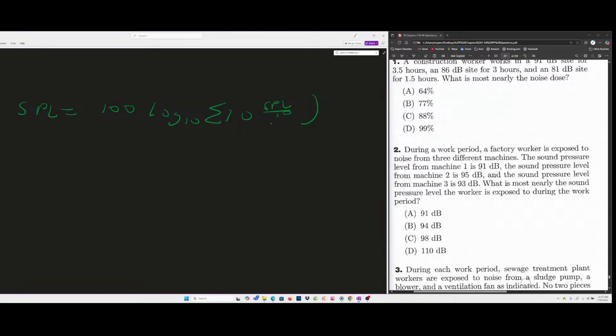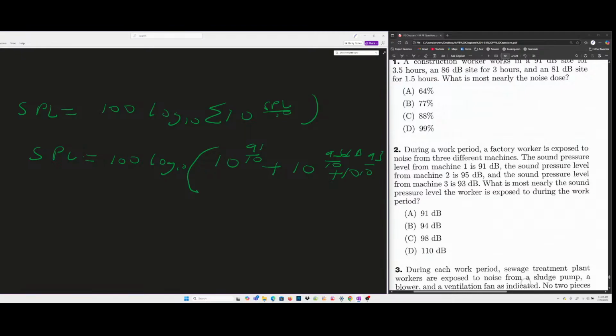So the SPL total is 10 log 10 of 10 raised to power 91 over 10 plus 10 raised to power 95 over 10 plus 10 raised to power 93 over 10.